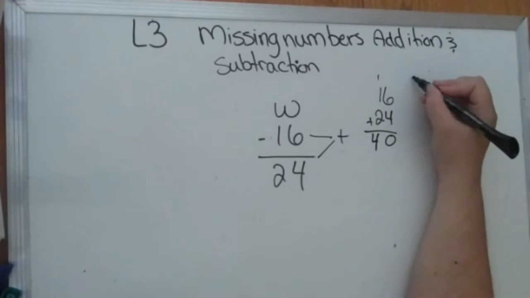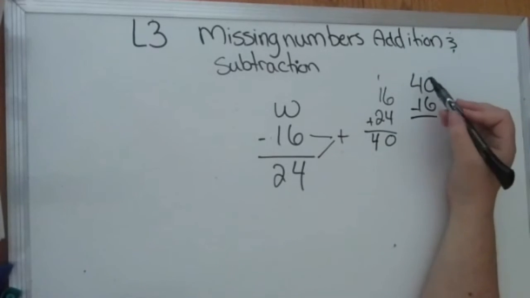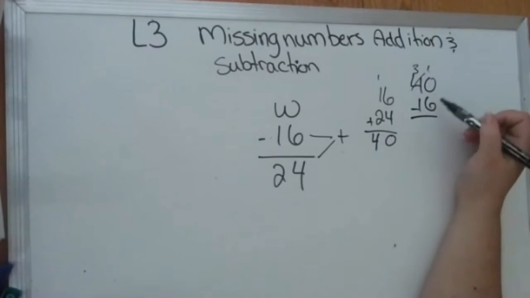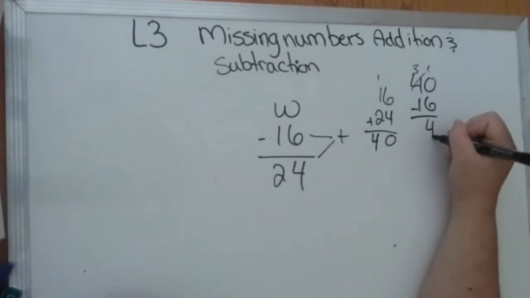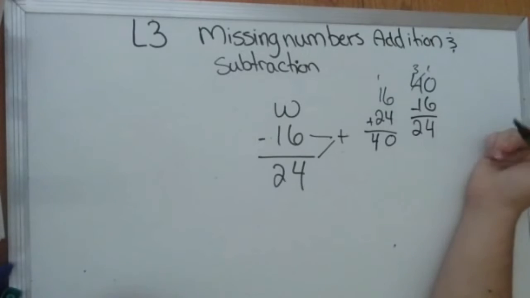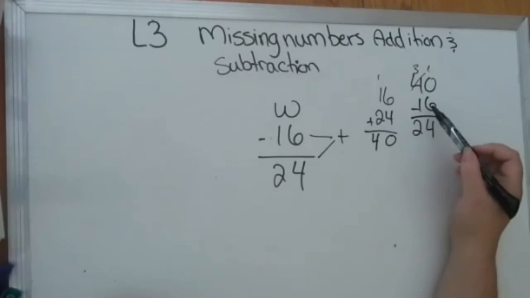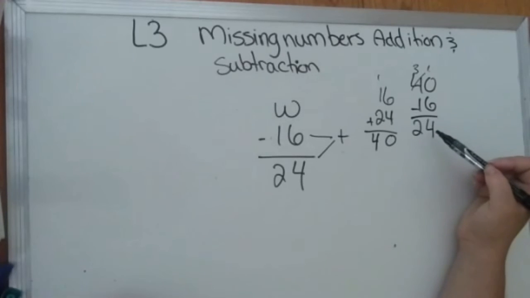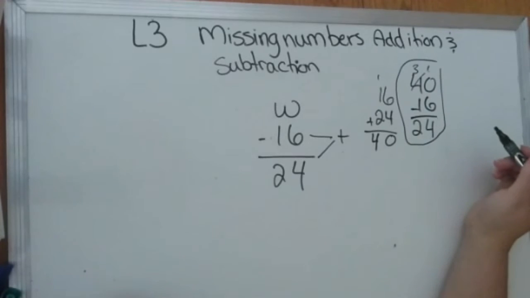So this should be 40 take away 16 equals 24. Regroup. And we do have 24, okay? Notice every single problem I've checked it this way. This is how I want you to do it as well, because we always have to check just in case we've made a calculation error.